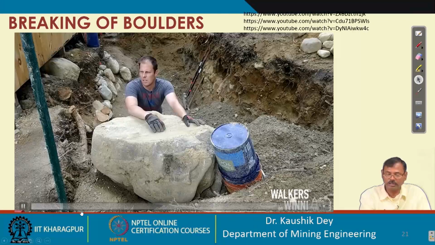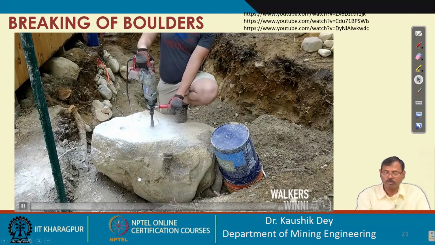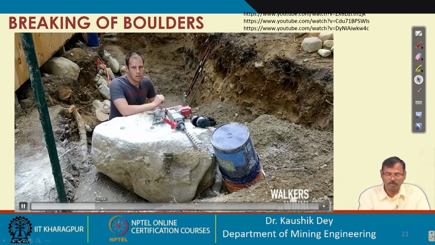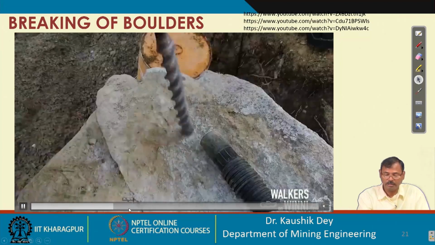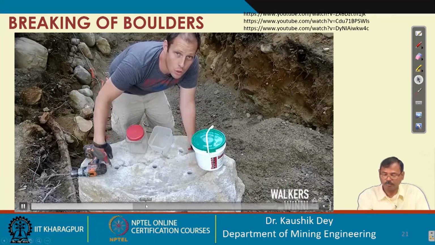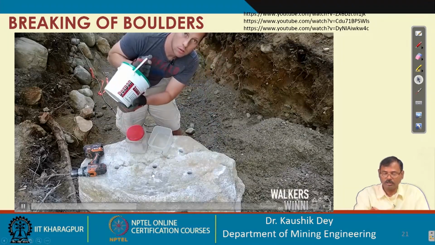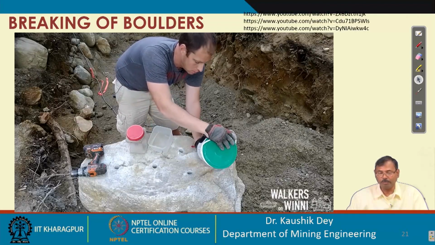He is basically drilling this one. The drilling is carried out in the boulder. A number of holes are drilled in a line. There are 3 holes made in a line, and now in these holes he is placing the expanding cement.